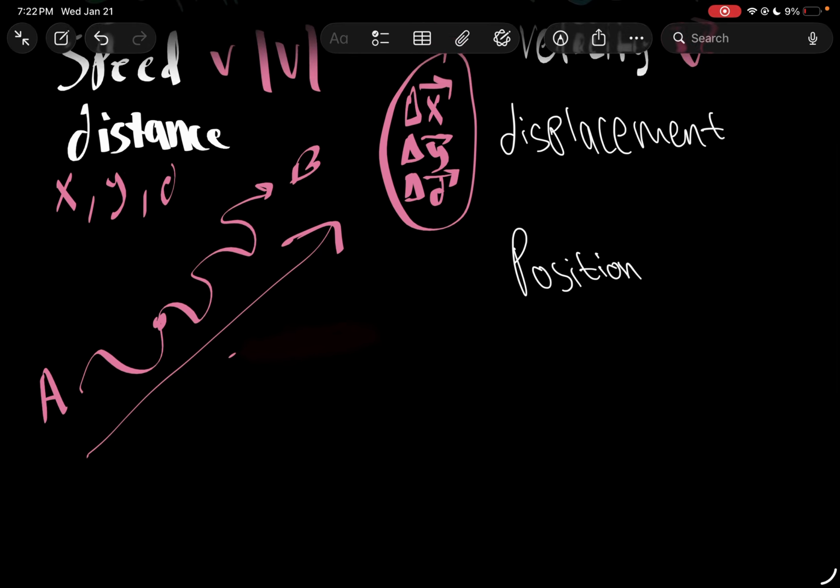Let's say going right is the positive x direction, and let's say going up is the positive y direction. Well, your position is going to be positive x and positive y because you're going up and you're going to the right. So your position at 5 minutes is going to be 100 meters to the right.